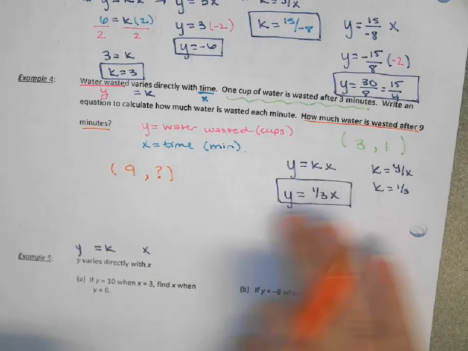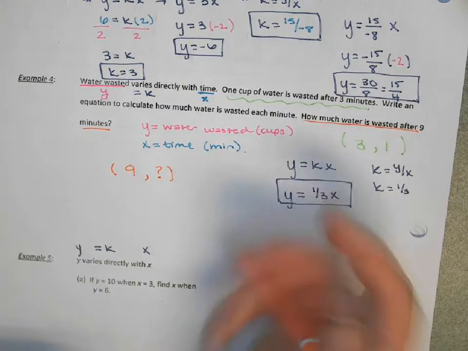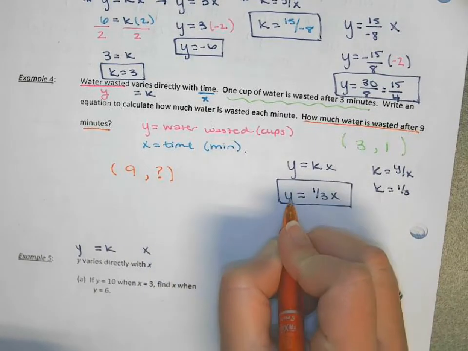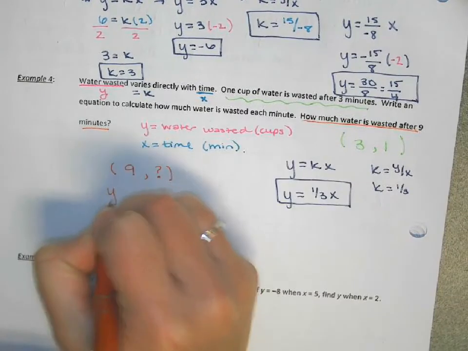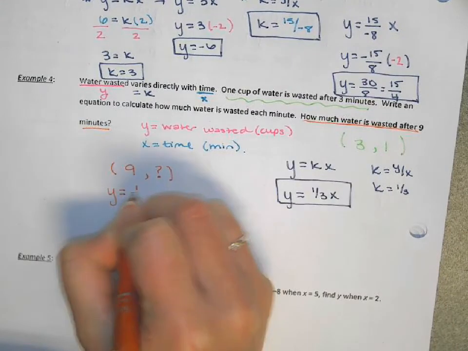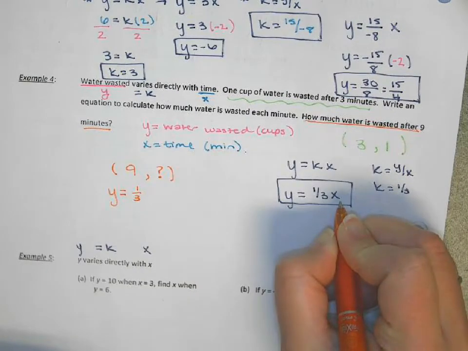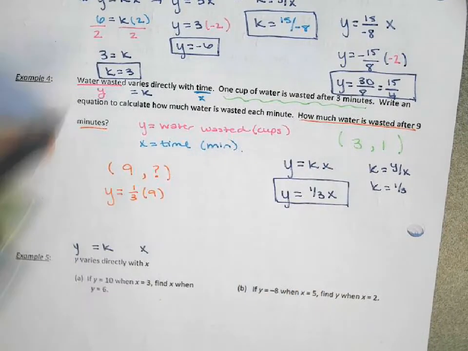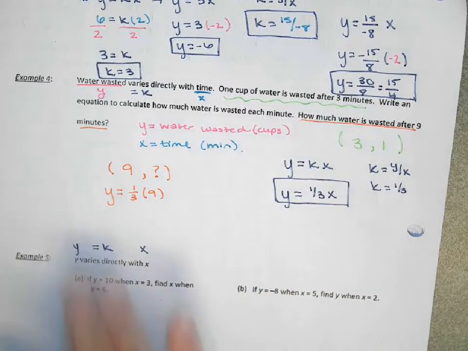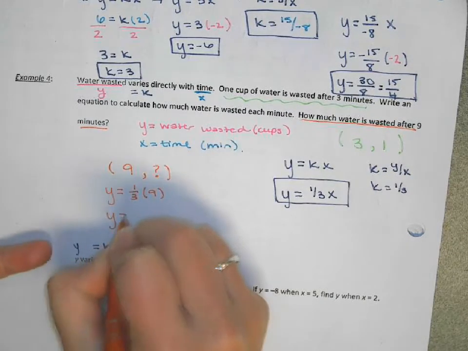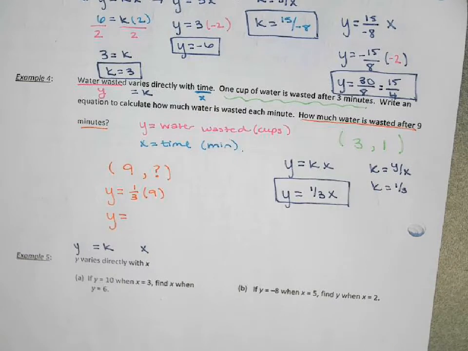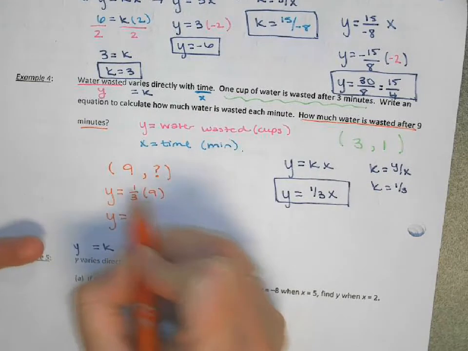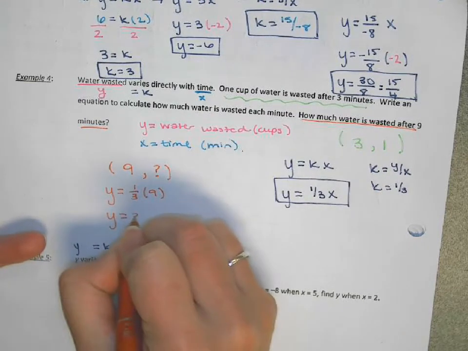Well, I have my equation now. So I have y is what? 1/3. What's your x? 9. Because that's what was in that point. I'm trying to find the y for that point. Okay, so y equals 1/3 of 9, or 9 times 1 is 9, divided by 3 is 3.